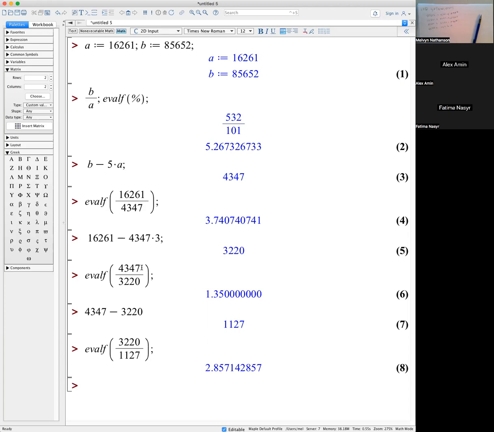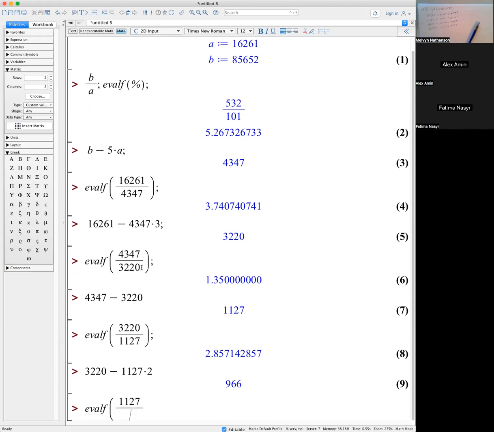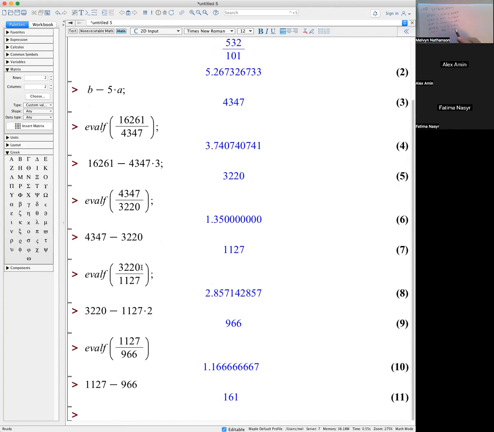And what is my remainder? 3220 minus 1127 times 2, 966. And then 1127 divided by 966 is 1 something. So 1127 is 966 times 1, and my remainder is 1127 minus 966, and that's 161.